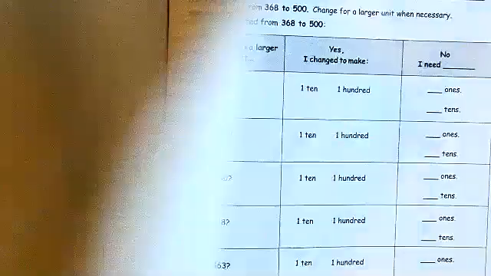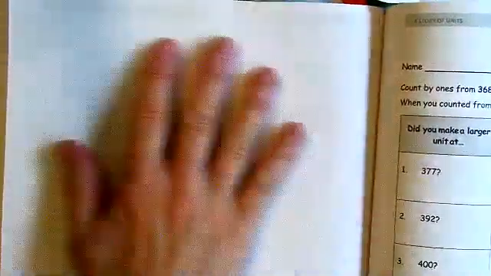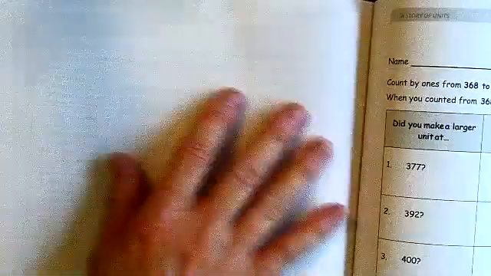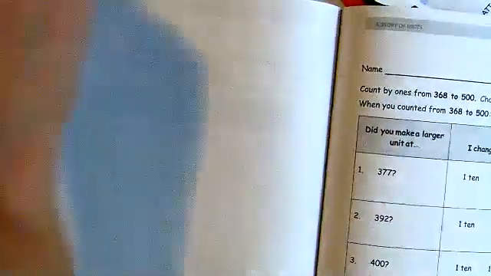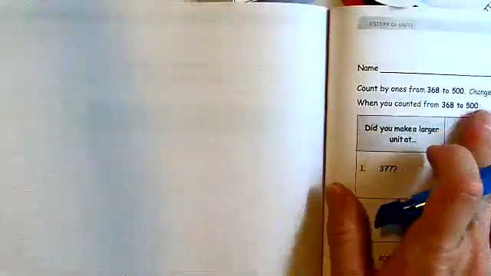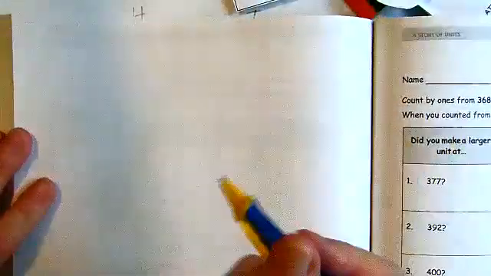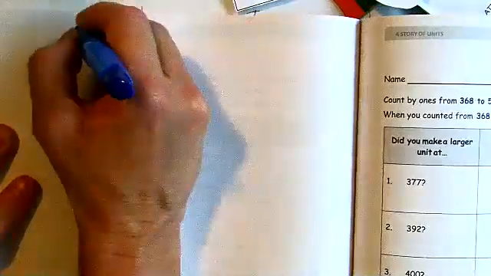So as we do this, we're going to count and show our work on this page. You can draw them if you'd like. So we need to count from 368 to 500. And I'm going to go ahead and put that here at the top of my paper.